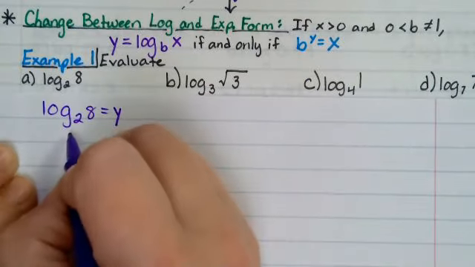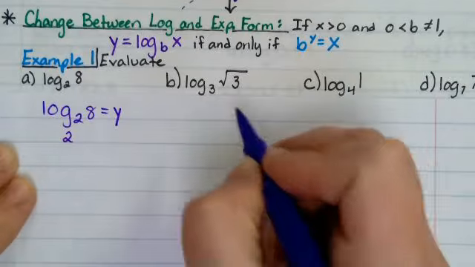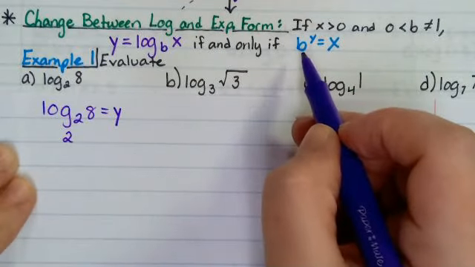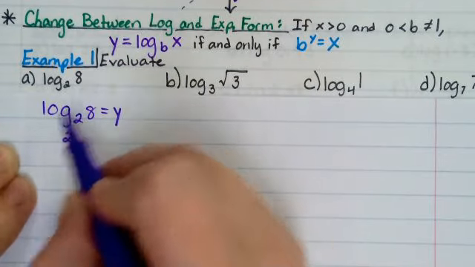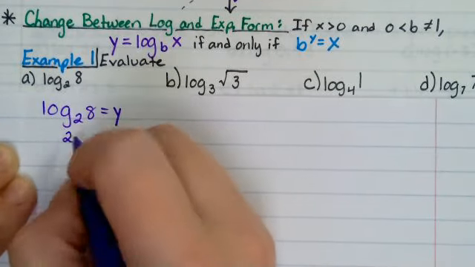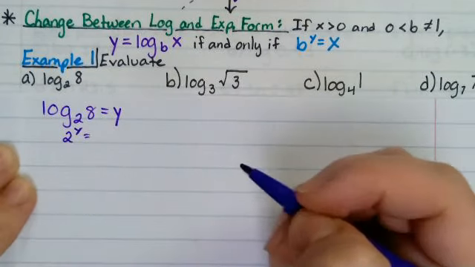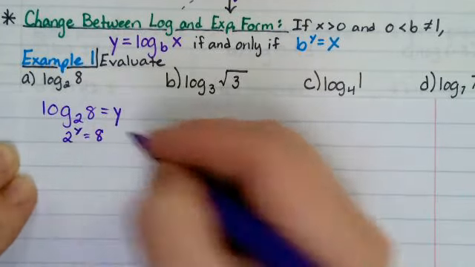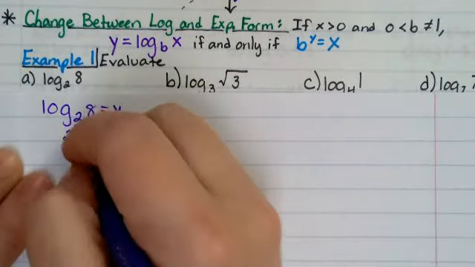So let's turn this into an exponential equation. The base of the log was 2. That's going to be the base of it as an exponential. Remember how a log is equal to the exponent? Well, my log is equal to y, which is my exponent. And that's going to be equal to 8. So let's break this down. We want to solve this out.